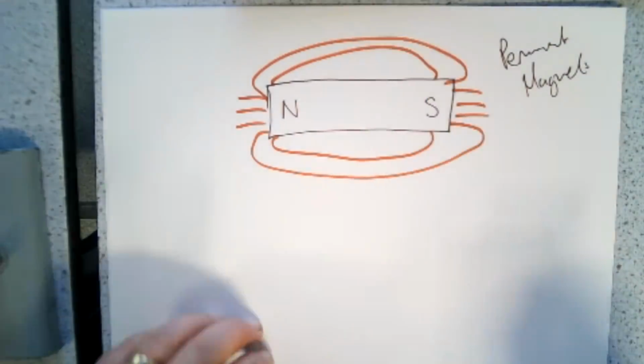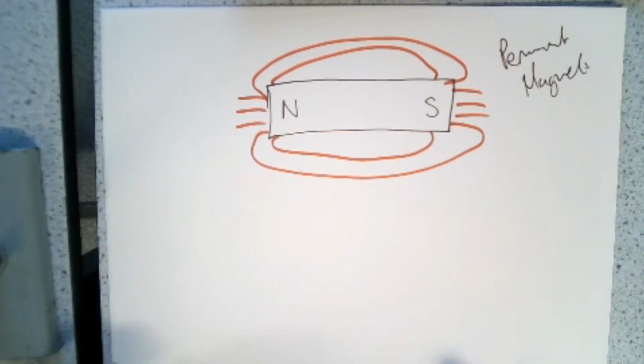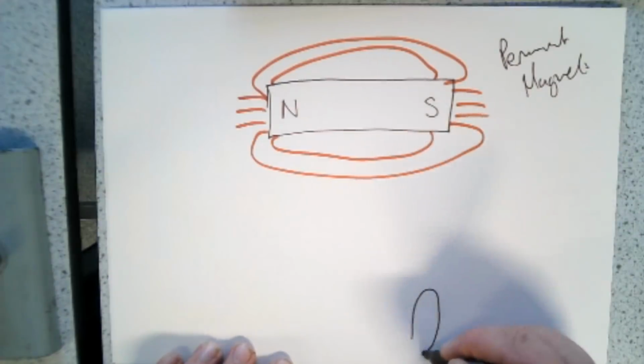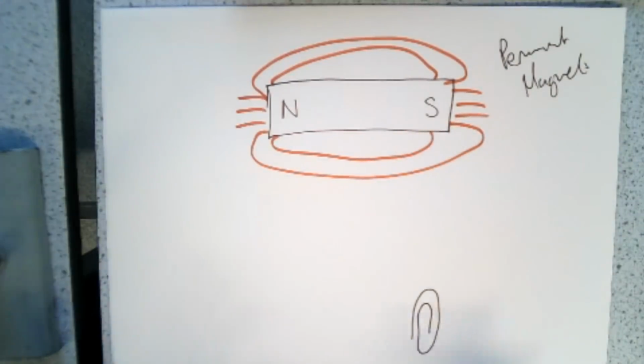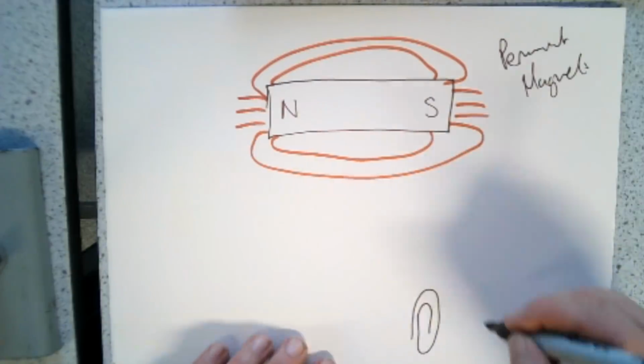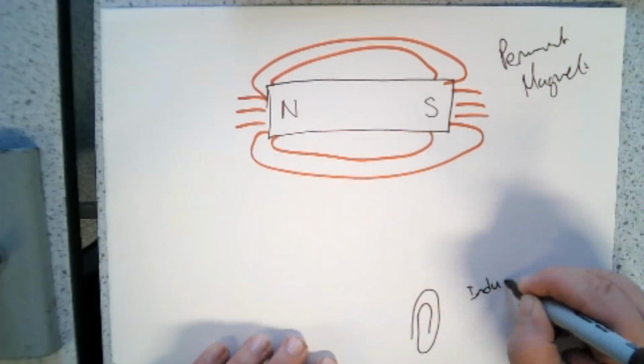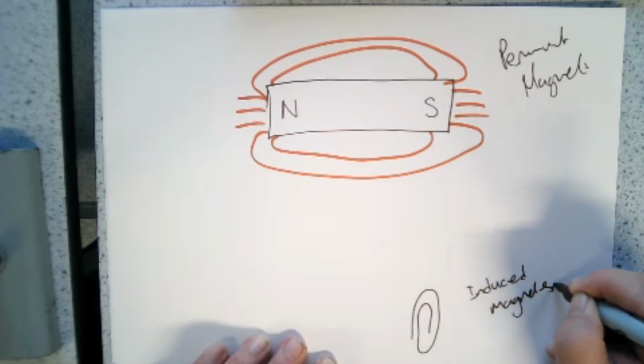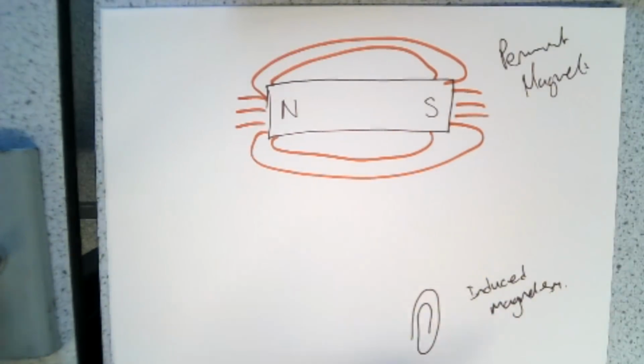Now, we can actually make materials like, for example, a paper clip here. We can make it magnetic. We can do what's called induced magnetism. And we can get it to be magnetic, because where it is at the moment, it's nowhere near that magnet, so it's not magnetic.